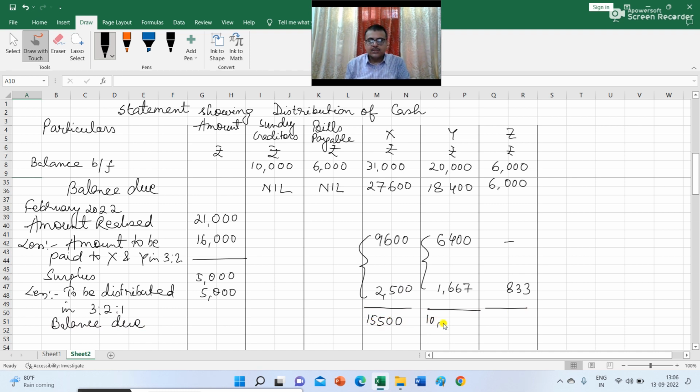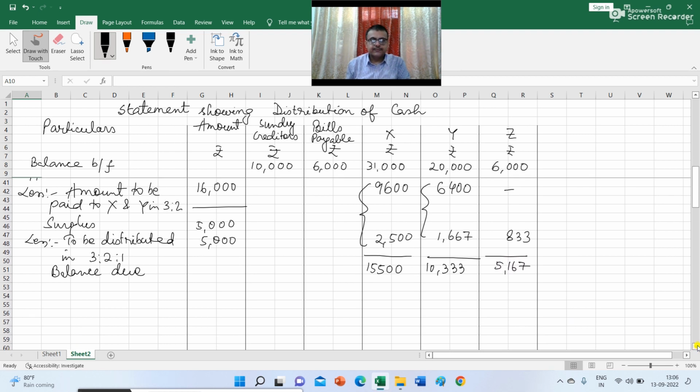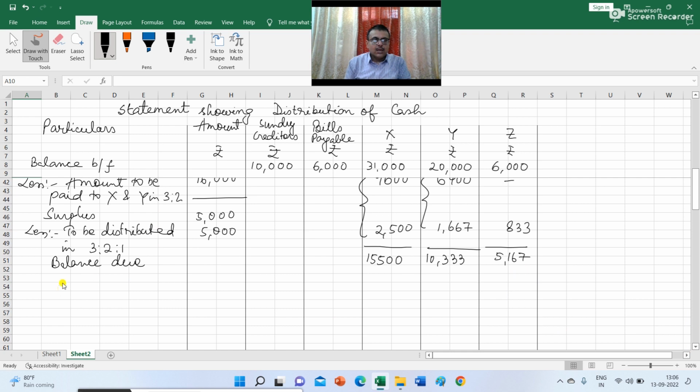Then 10,333 is the balance due to Y, and 5,167 is the balance due to Z. Now, in March 2022, amount realized was rupees 40,000.